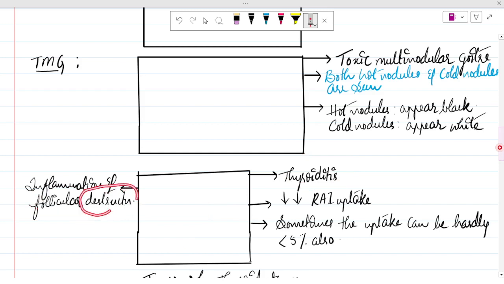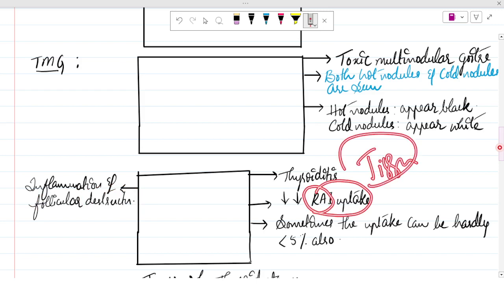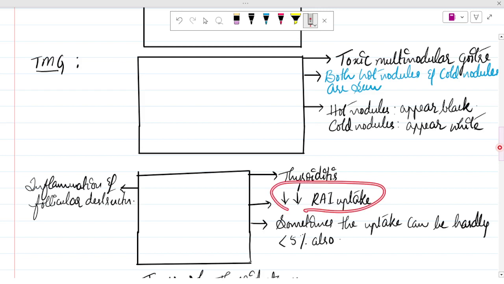There is destruction of the tissue. The radioactive iodine uptake is done by tissue only. But if the tissue itself is destroyed, who will take up the radioactive iodine? No one will be there to absorb it. Obviously the uptake will be decreased, right? Understood or not? For example, you have a stomach.